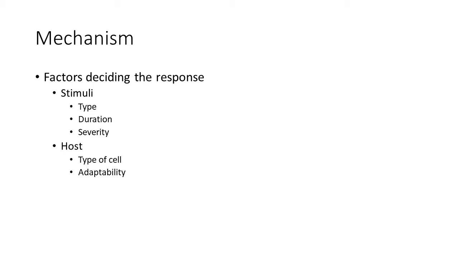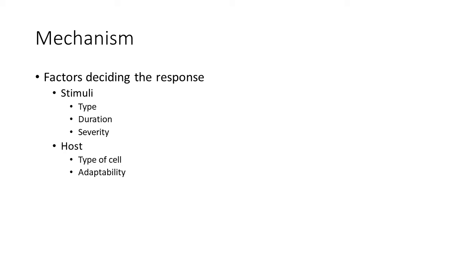The factors pertaining to the stimuli include the type of stimuli, whether it is hypoxia, ischemia, or biologic agent, or physical agent, or chemical agent, or whatever, and the duration of the stimuli and the severity of that stimuli.